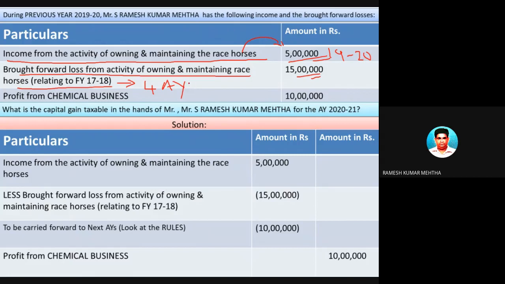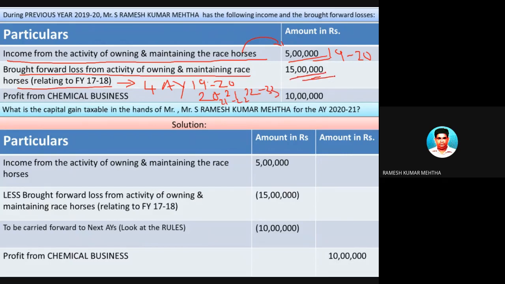So the 4 assessment years are 19-20, because 18-19 was the first assessment year in which it could not be carried forward. So 19-20 is the first assessment year, then 20-21, 21-22 and 22-23. So we are in the assessment year 2021 only.